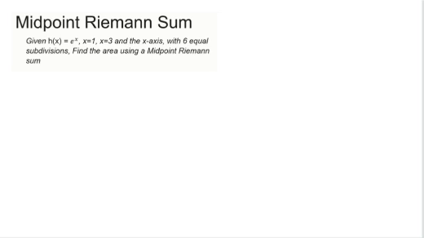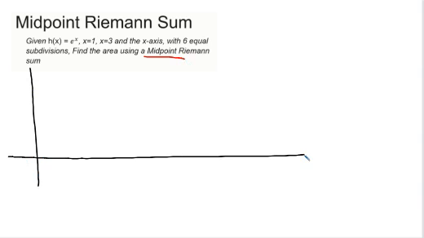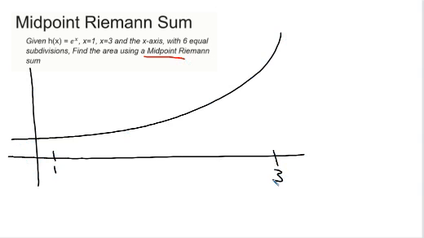So, if they gave you this problem, this is the problem we just did, and they said, find the area using a midpoint Riemann sum. I'm going to draw my graph a little bit bigger this time. Here's 1, here's 3.